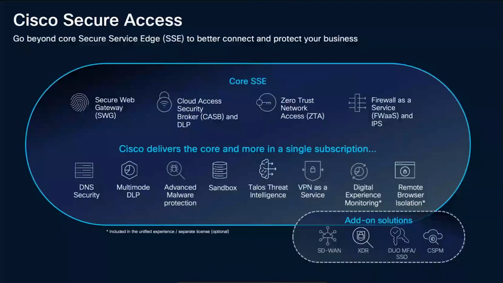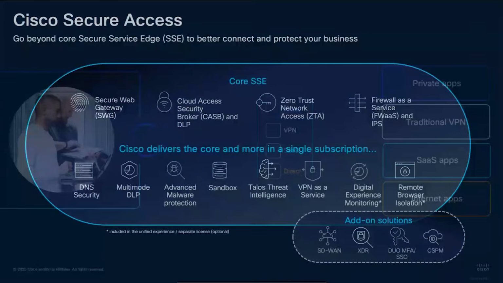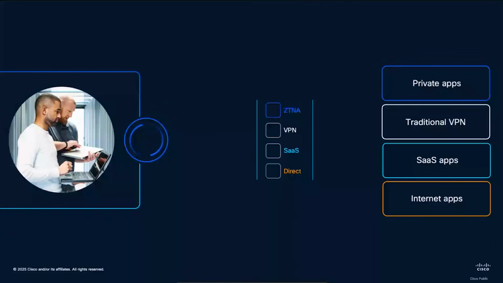So we check what is the behavior of this file, or does it involve any other executables or programs. So we try to provide our customers with more features to protect both the internet access and, of course, the private access. So all of this will be totally transparent for the end user.